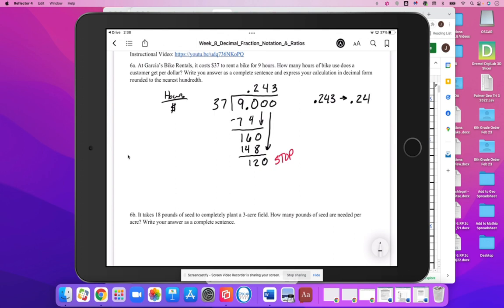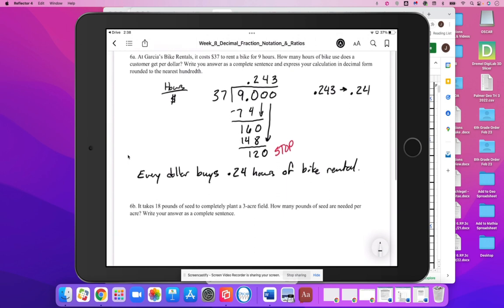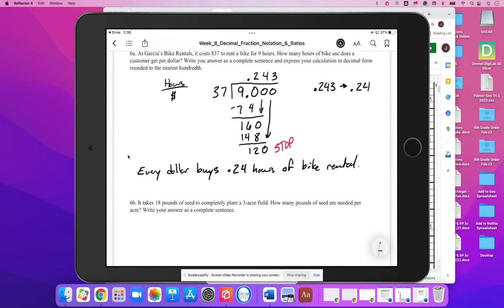So every dollar buys 0.24 hours of bike rental. So about a quarter of an hour for $1. 15 minutes or so, I guess. So then 6B, I'll leave that there for a moment in case anyone needs that.